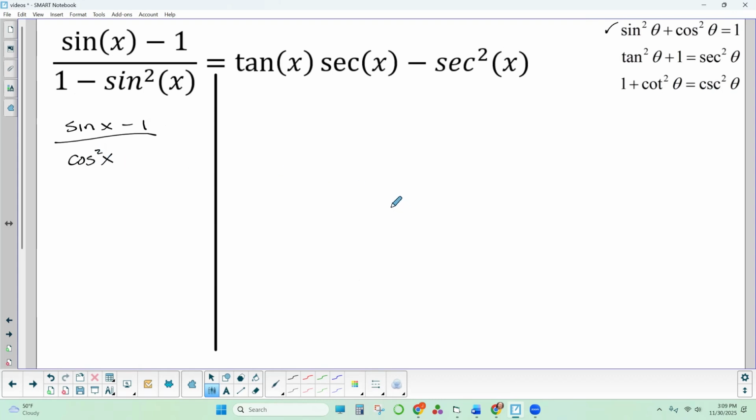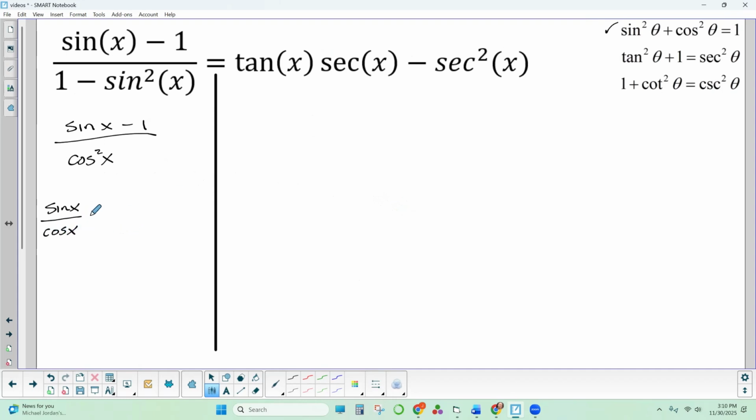Okay? All right. Now, I do have to expand this, because I've got two terms here. So this is a strategy that you can use, especially when you're expanding an expression, where you kind of break it down into factors. So what I see here is I see sine x over cosine x.